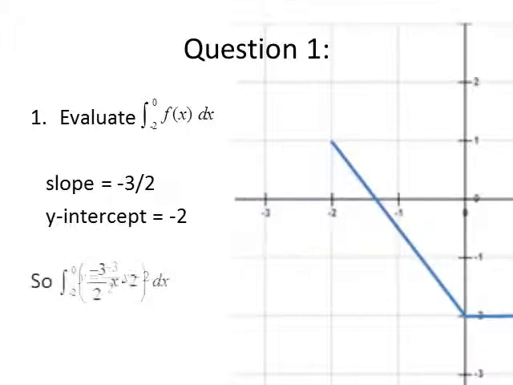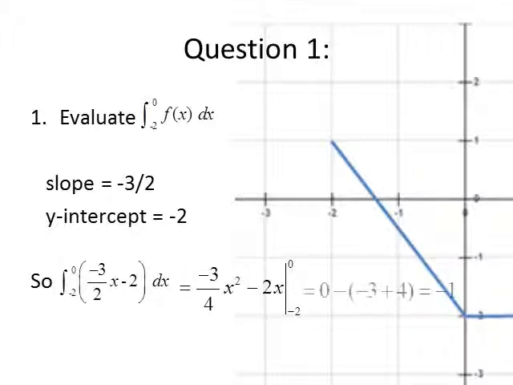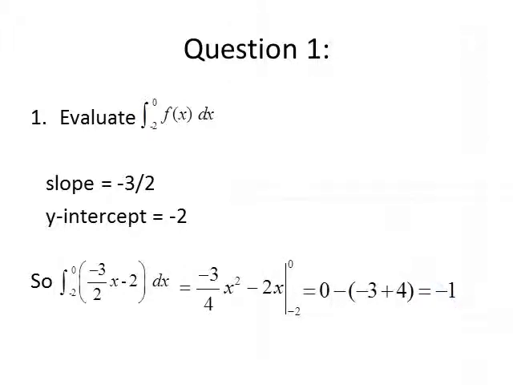Put that into integral notation, find an antiderivative, evaluate it first at the upper limit of integration, then at the lower, and subtract those results. The answer is -1.